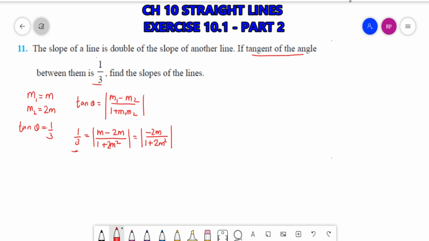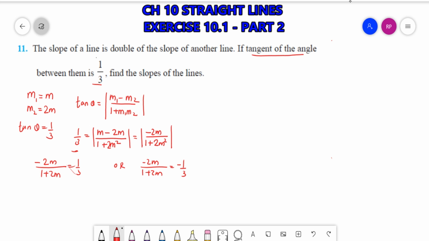Now when I remove modulus, once I have to take the positive value and another time the negative value. That means minus 2m upon 1 plus 2m square is equal to 1 by 3, or minus 2m upon 1 plus 2m square equal to minus 1 by 3.